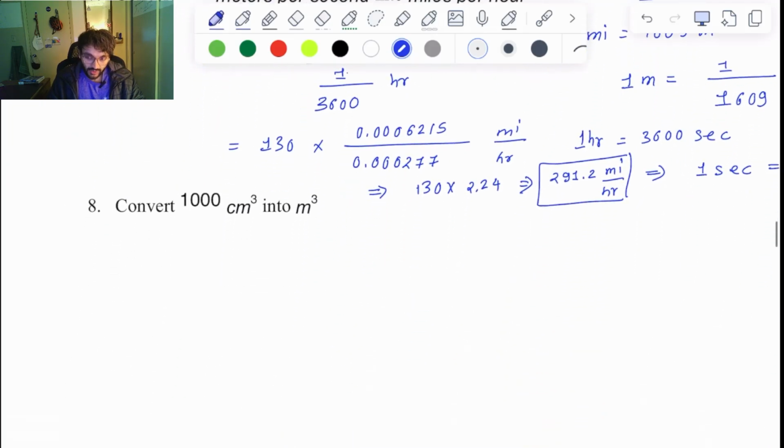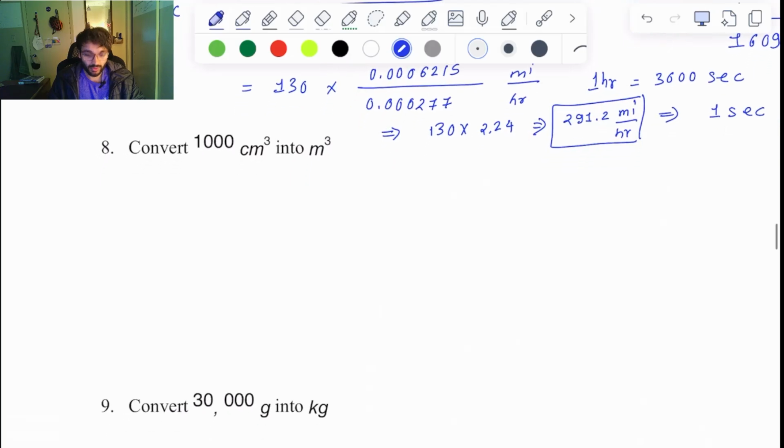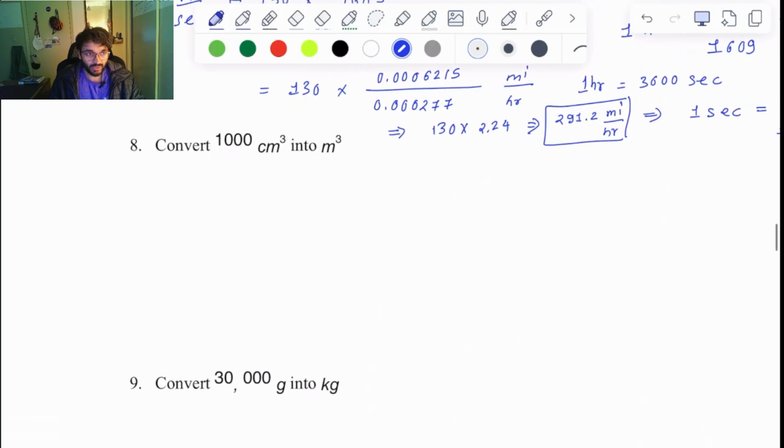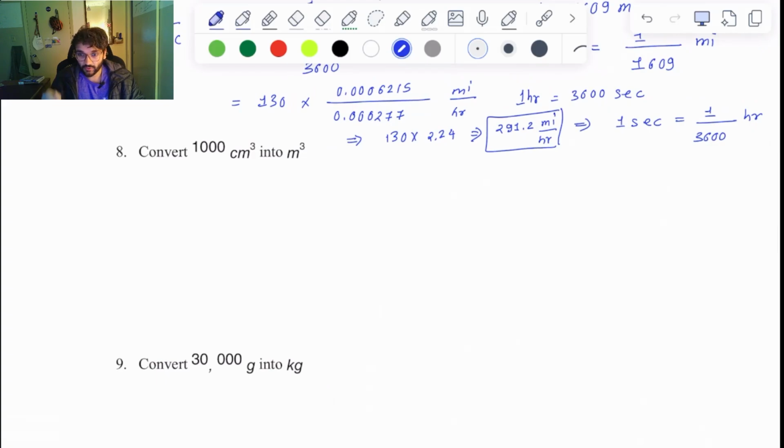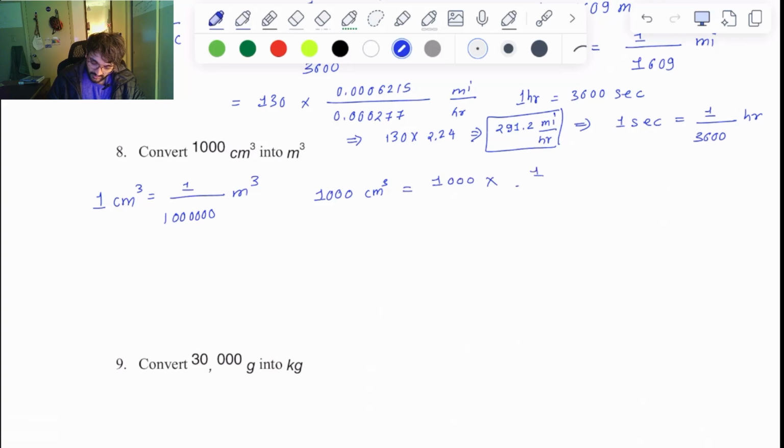All right, convert 1,000 centimeter cube into meter cube. Well, all right, so we have done this conversion. A centimeter cube is equal to 1 over 1, 2, 3, 4, 5, 6 zeros meter cube. So 1,000 centimeter cube will be just 1,000 times that much.